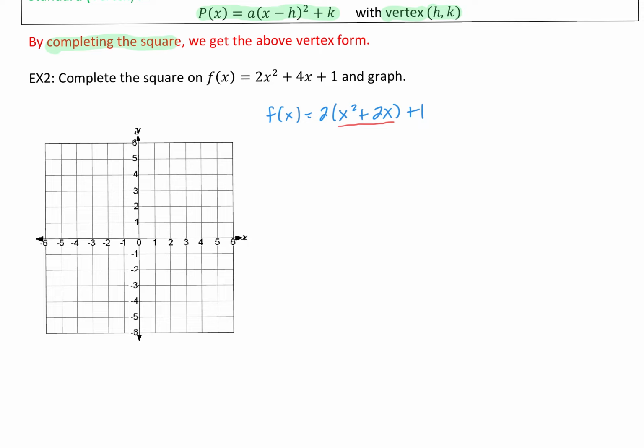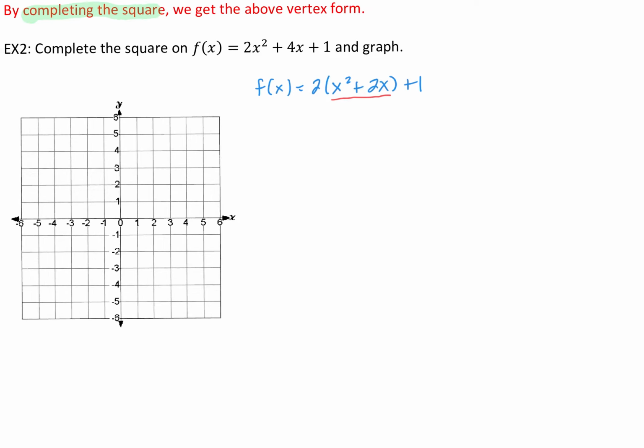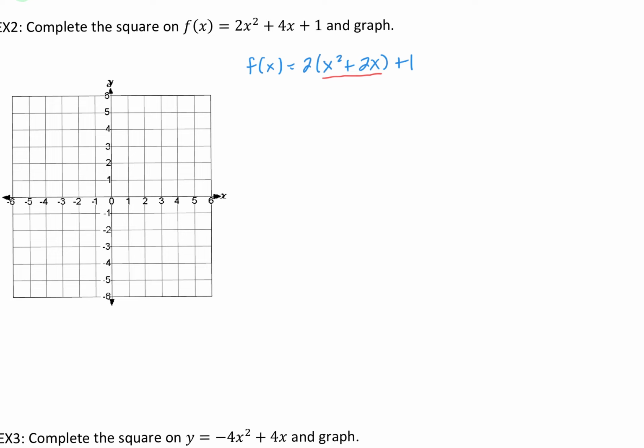But if you don't see that, the process is: whatever is on the x, which in this case would be 2, take half of that and square it. That's what you would add in, okay? So this is 2.